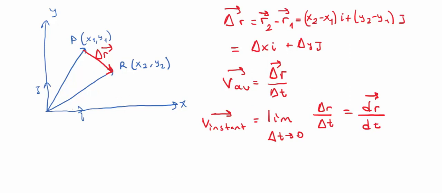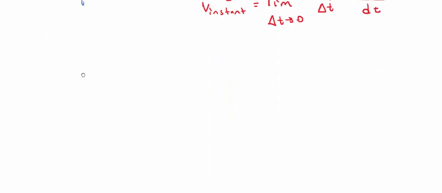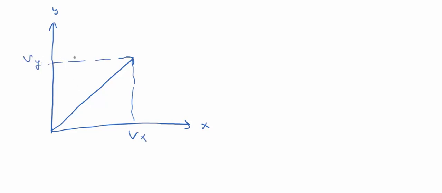And if we draw the same graph, x and y axis, with our velocity, we will get the formulas like this. So it's our x, y, and we have the velocity vector just like this. And let this be vx, and this one the y component, and this is theta.